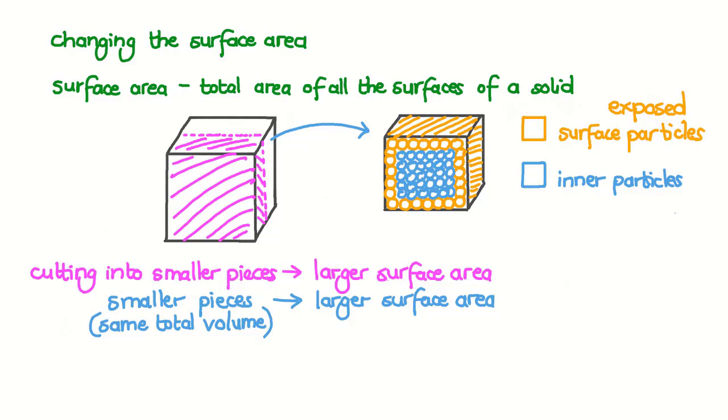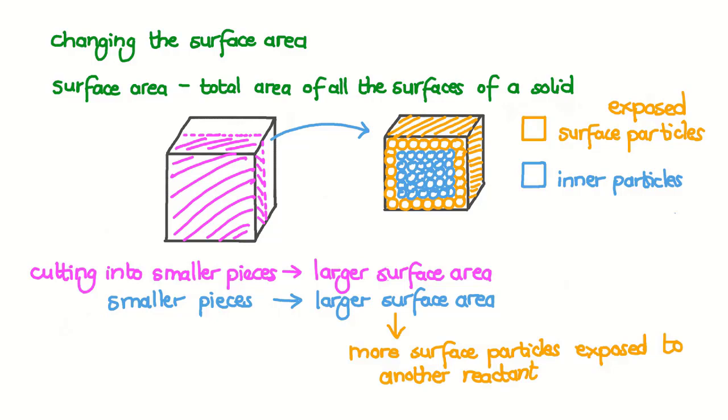For example, oxygen molecules in the air interacting with the metal surface particles. The inner particles are temporarily unavailable to react while they are still covered with surface particles. And so the reaction rate depends mainly on those particles which are exposed and available to react.